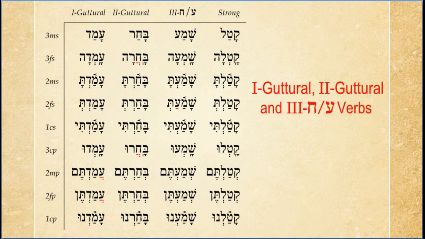You can see the strong verbs are listed on the right side here, and then the weak ones of different varieties are listed across. You have basically three categories of weak and one category of strong.